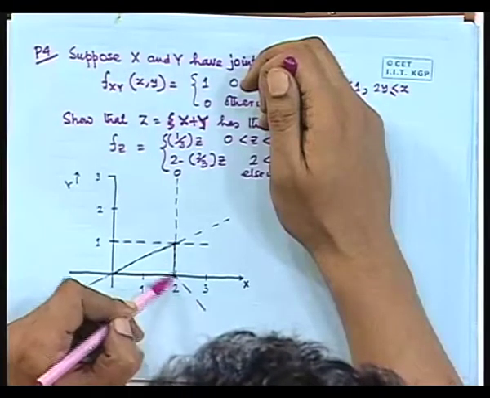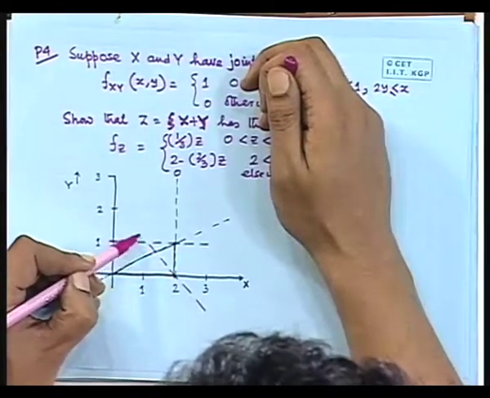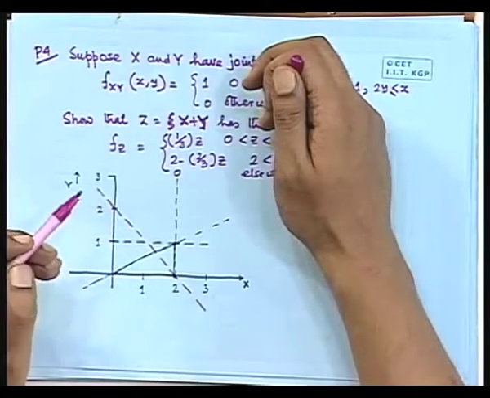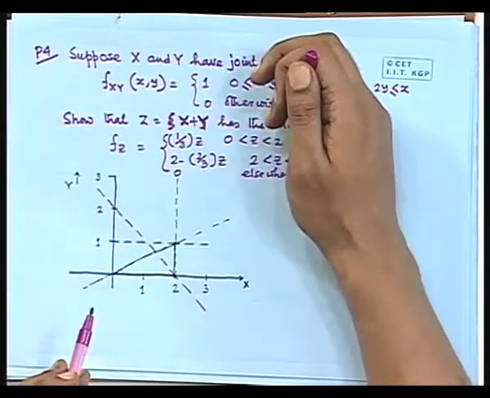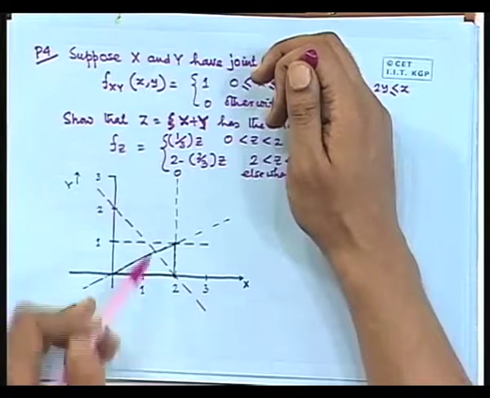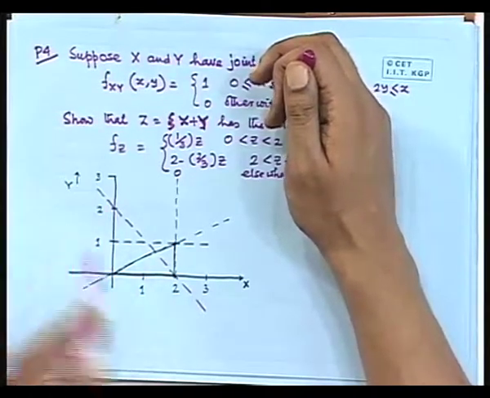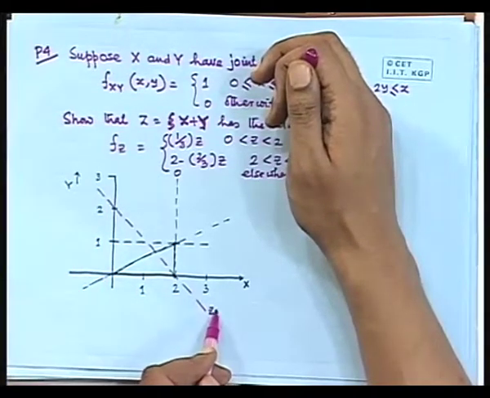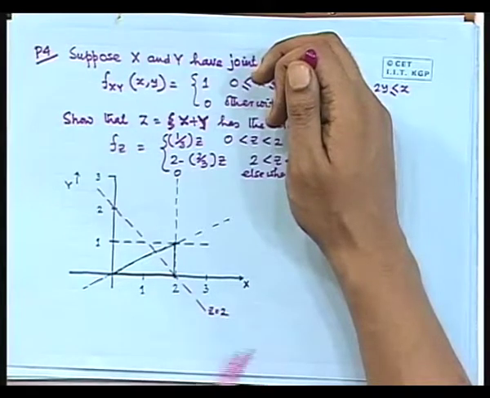Now you are defining a function called z is equal to x plus y. So where is that function? That function is this line. This is the z is equal to x plus y line. This is actually the z is equal to 2 line. You can have various kinds of lines.